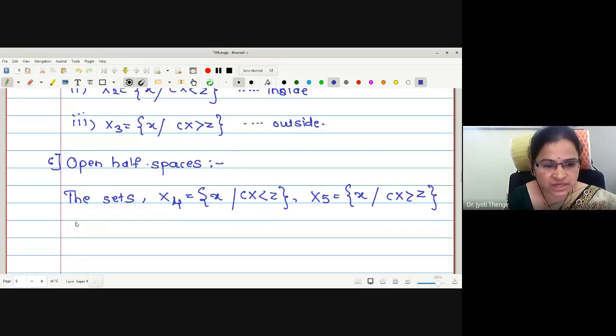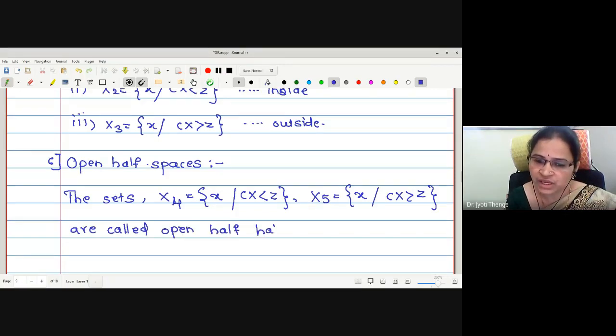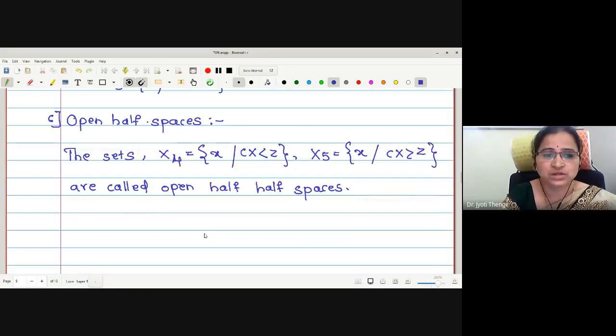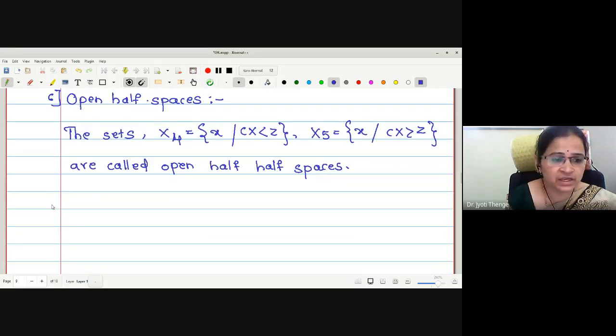These are called open half spaces. Here we can clearly understand that there is no point which satisfies Cx equal to z. Here it is Cx less than z, here it is Cx greater than z. Therefore, no point in the half spaces gives us the value Cx equal to z, meaning no boundaries are included.